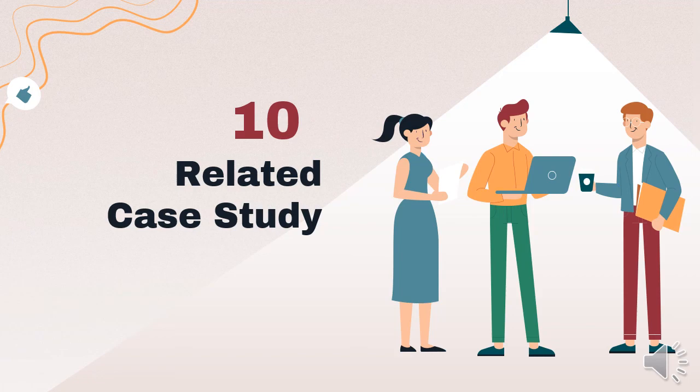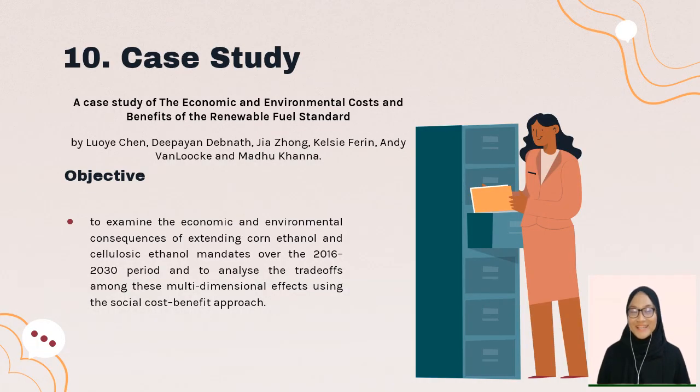Thank you for the great explanation. My name is Nadia. Now I will relate the topic on a case study. This case study is about the economic and environmental costs and benefits of the renewable fuel standard by Luof Chen, Dipayan Devnath, Jia Chong, Kelsey Perrin, Andy Van Look, and Madhukana.